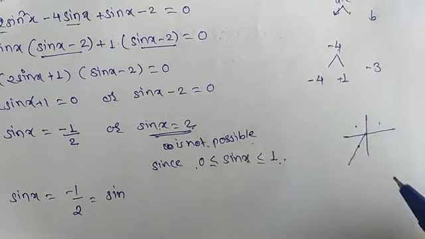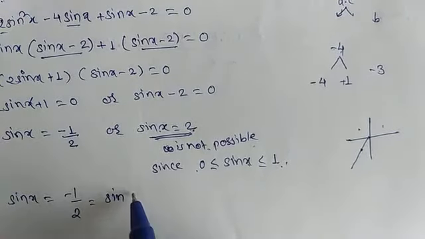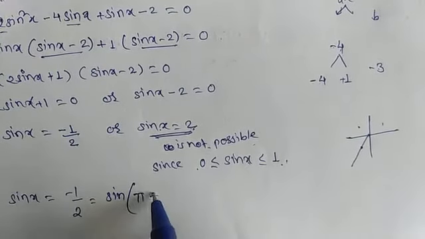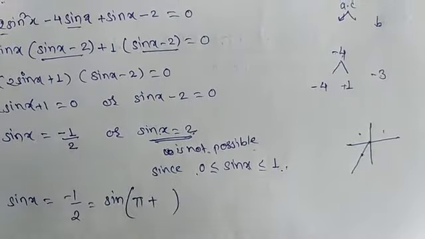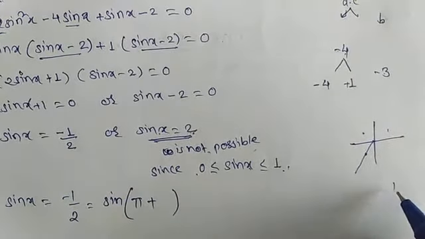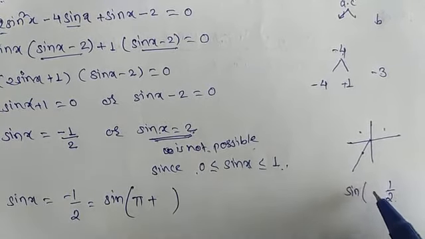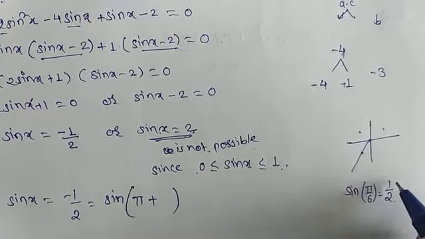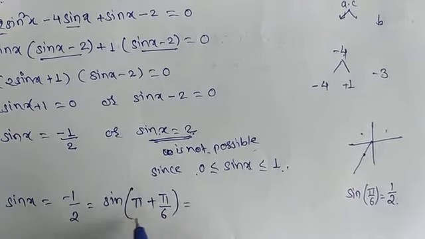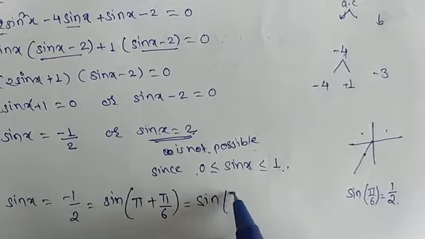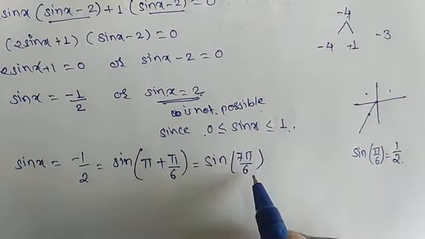So here 1/2 is at angle sin of π plus, it should be plus, and its value will be, now 1/2 is for sin of π/6. Sin π/6 is 1/2. So here we have to add π + π/6. So it will give us sin of 7π/6. Sin x is equal to sin of 7π/6.